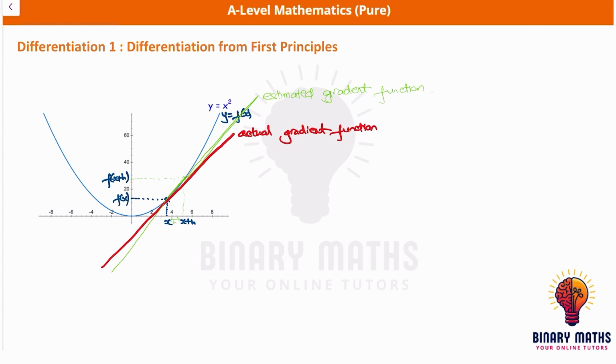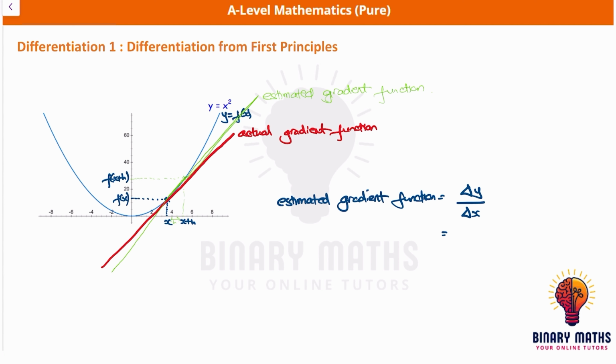Okay, so let's use our knowledge to find the estimated gradient function. We normally use coordinate geometry, so it's going to be change in y over change in x.